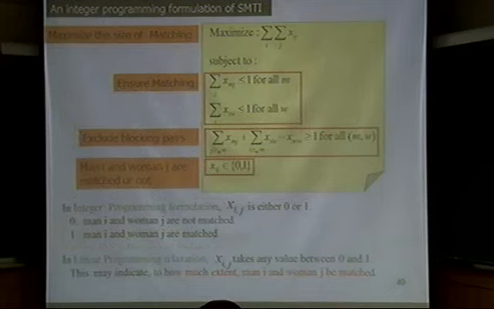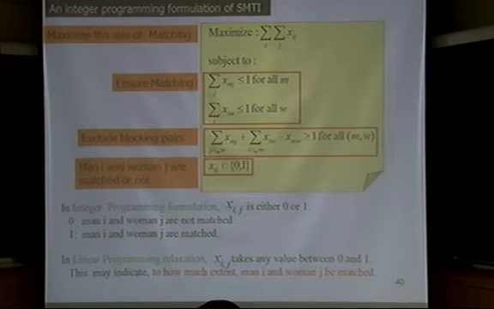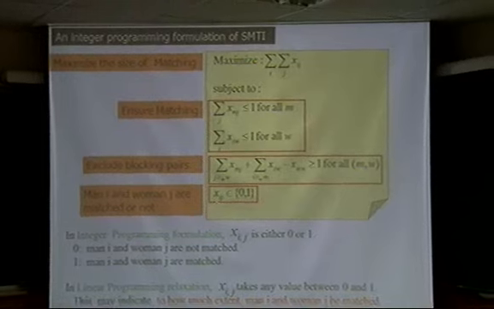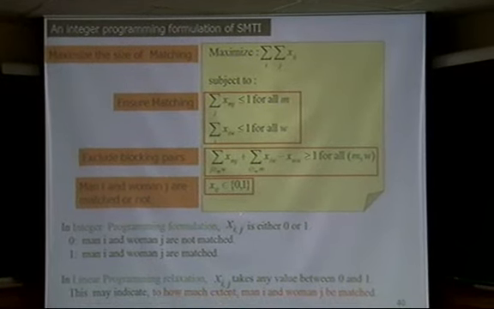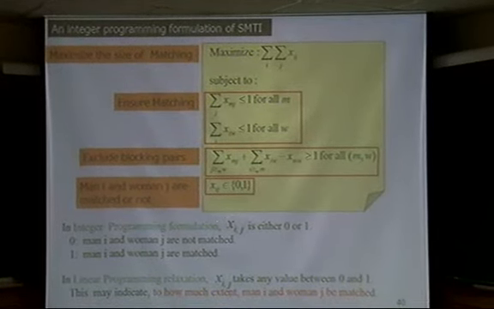This is the integer programming formulation of the stable marriage problem. I won't explain the details, but we use the variable xij for man i and woman j. If xij is 1, then i and j are matched. And we relax this condition to get a linear programming relaxation.